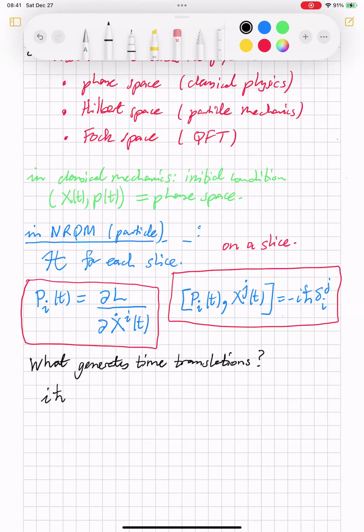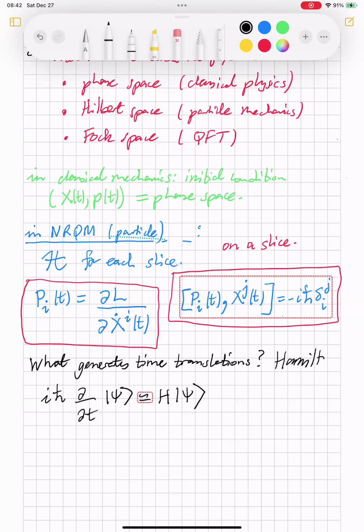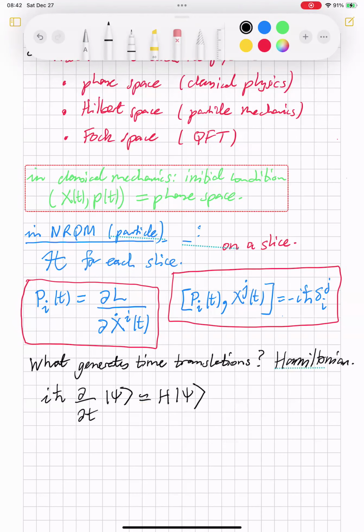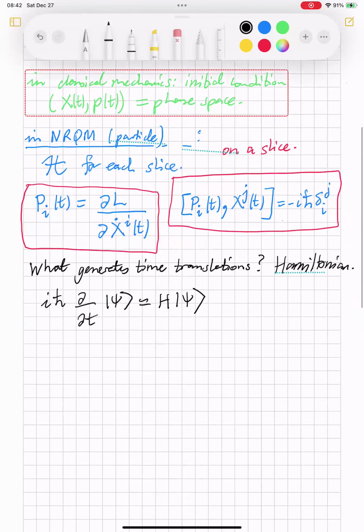So the Schrödinger equation tells us that i ħ d/dt acting on psi is equal to the Hamiltonian times psi. So if you ask what generates time translations, the answer is obviously the Hamiltonian. And that's what's coming from Schrödinger's equation. What is the solution to this equation?